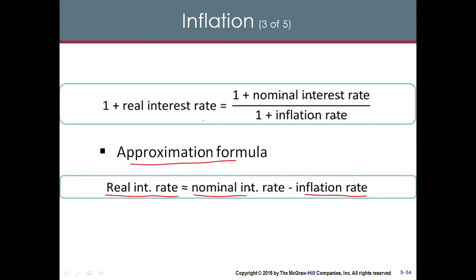While if you want to calculate the exact real interest rate, then you will use this formula: 1 plus the real interest rate is equal to 1 plus the nominal interest rate divided by 1 plus the inflation rate. So the approximation formula gives you an approximate value of the real interest rate, but the exact value is given by using this formula.